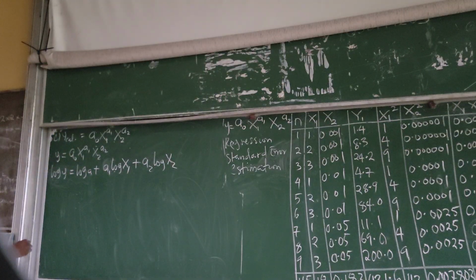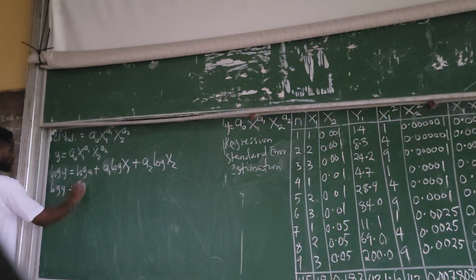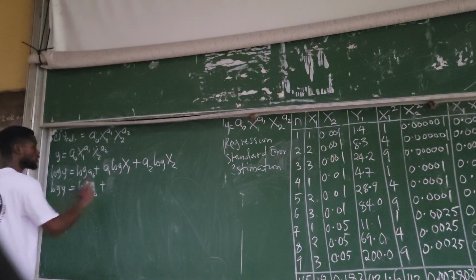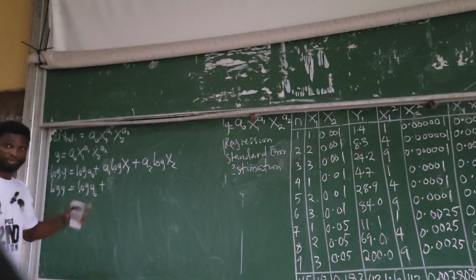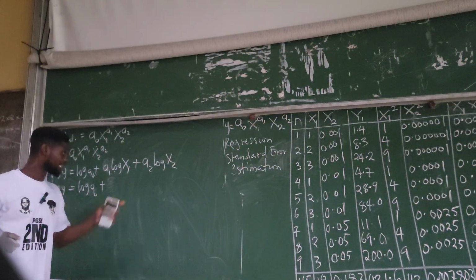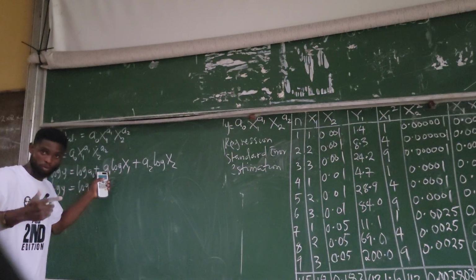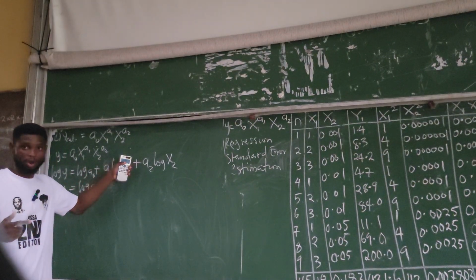Then log Y is equal to log A0 plus... According to the log rules, you can check my previous video, when you have a coefficient of log, that coefficient will change to the power of that log.